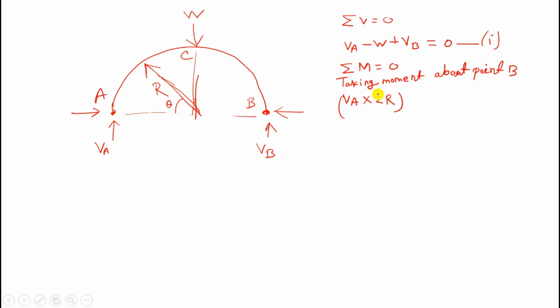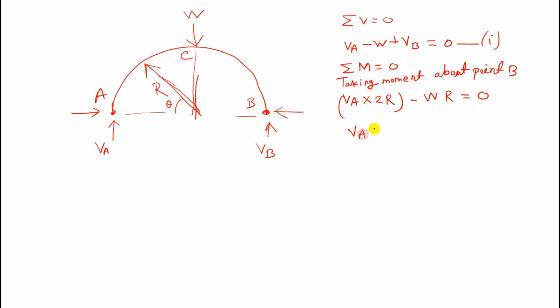Let us consider the clockwise moment as positive, and the load gives an anti-clockwise moment about point B, so it will be negative. So minus W into R equals 0.